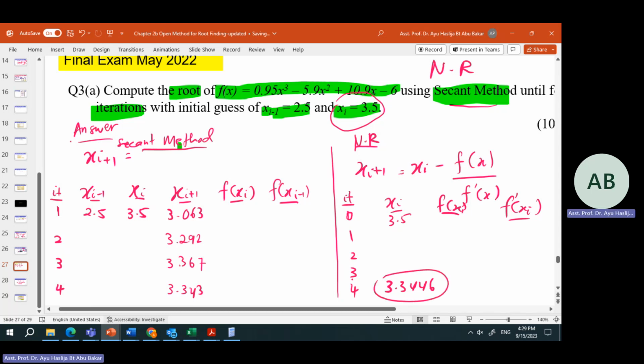Okay, so basically it won't deviate too big for both roots using different methods. How to know your answer is correct? Substitute back into the equation, so it should approach 0.